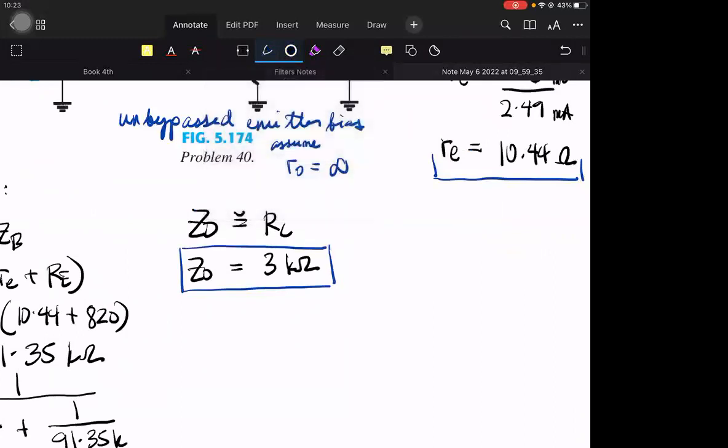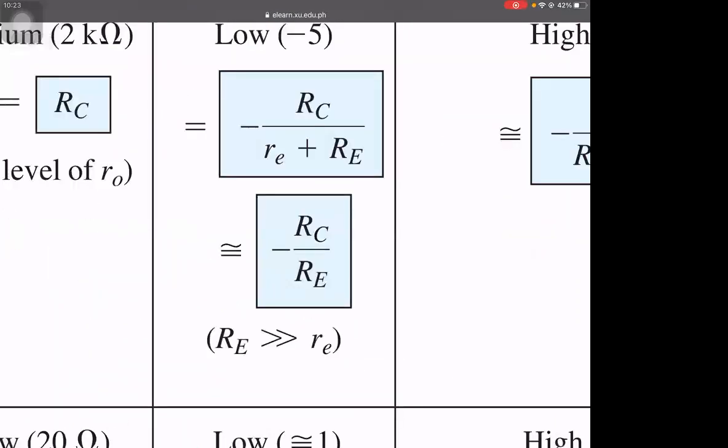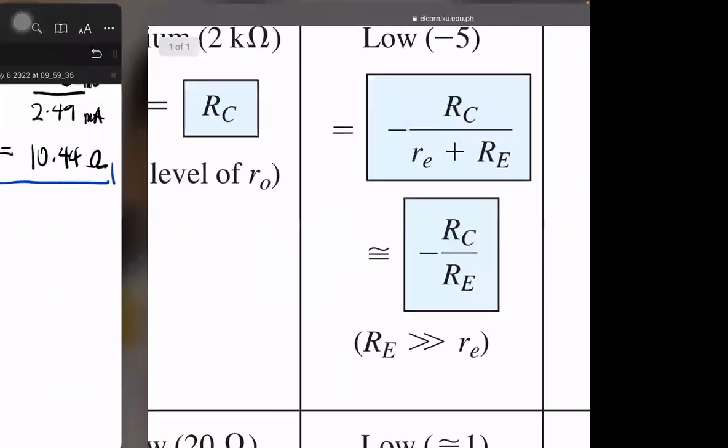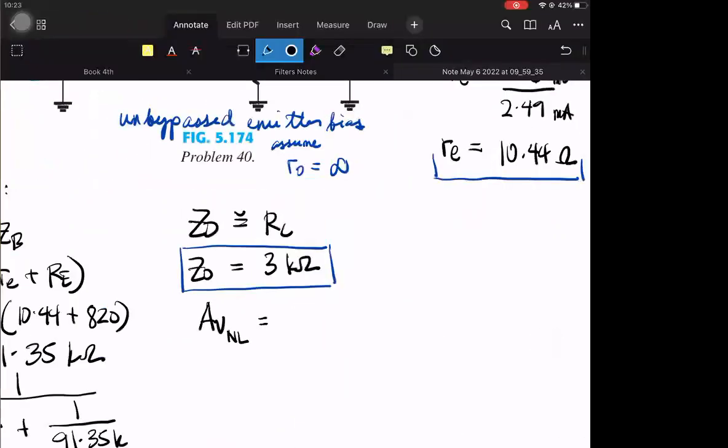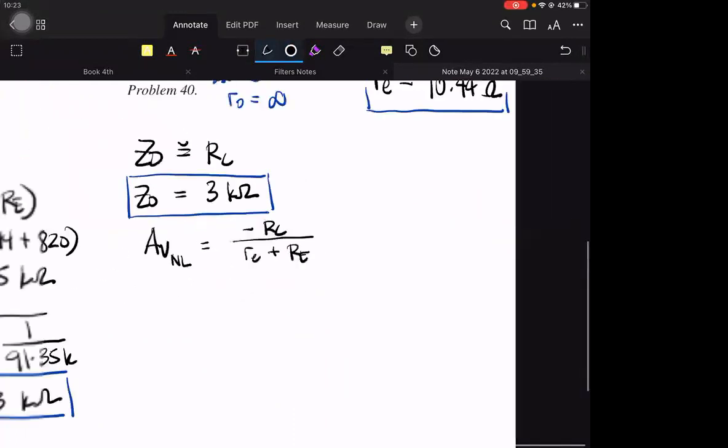Last, voltage gain from the table. Since we don't have RL and RS, this is the no load voltage gain. For the unbypassed emitter bias, it is negative RC over RE plus re.